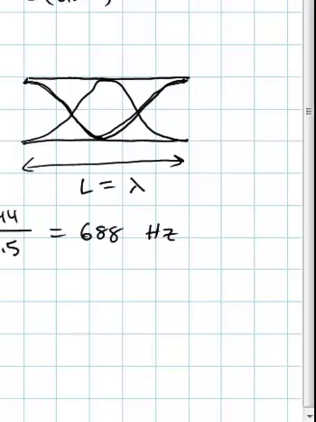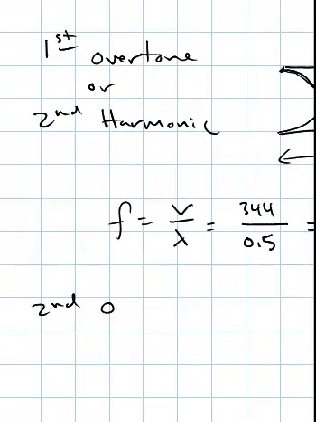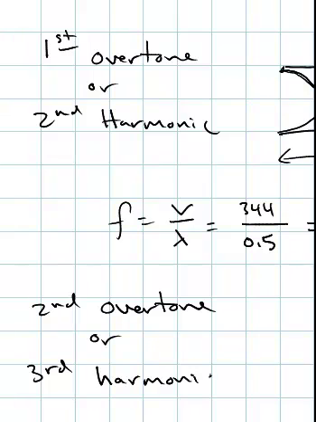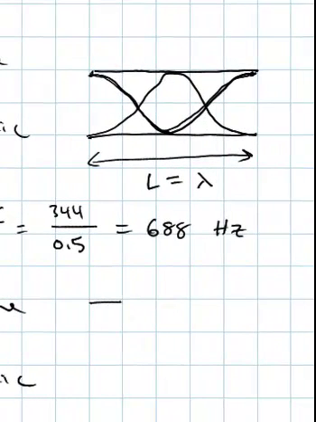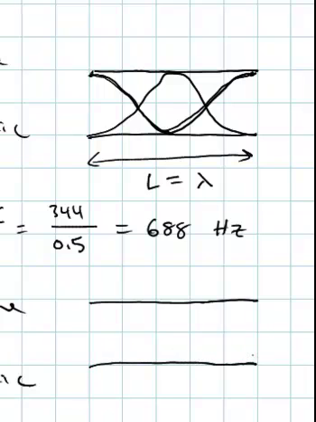And let's look at the second overtone, or the third harmonic. Here's our pipe, open at both ends. And let's see, we're going to get something like that.